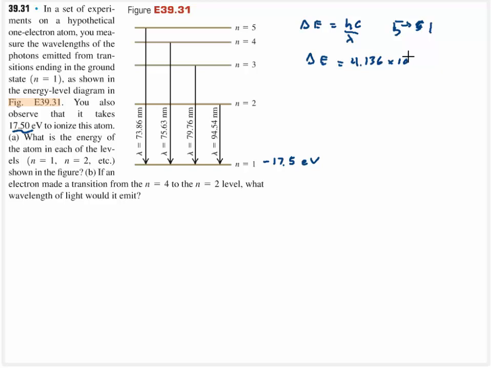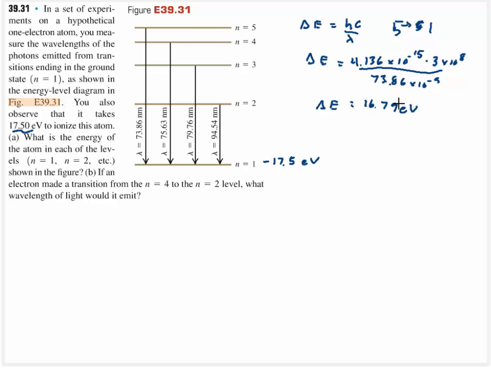4.136 times 10 to the minus 15th multiplied by c, 3 times 10 to the 8th. Divide that by the wavelength of the 5 to 1 transition, 73.86 times 10 to the minus 9th, and I'm going to get my delta E to be equal to 16.79 electron volts.